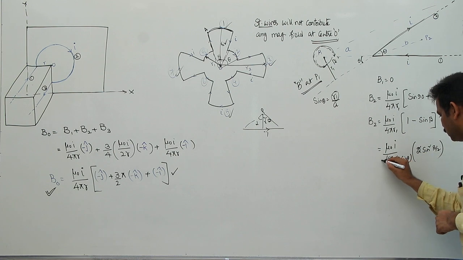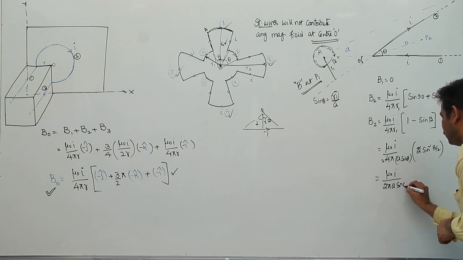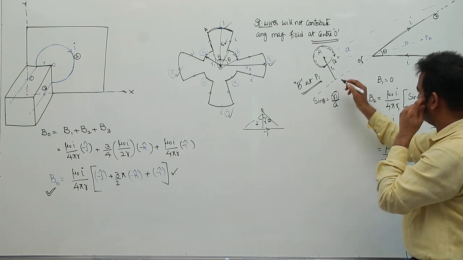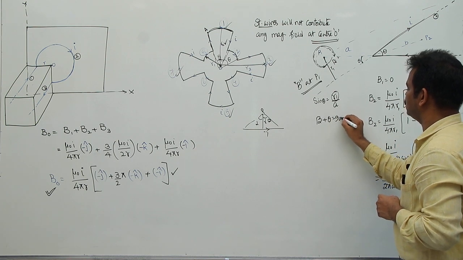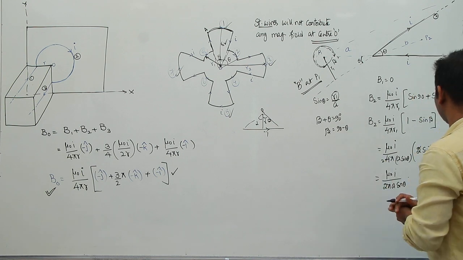Now this 2 and 2 get cancelled. This will become mu naught I by 2 pi a sine theta into, this theta is a known value, but what is this beta? Here also I can write beta plus theta is 90. In place of beta you can write 90 minus theta.